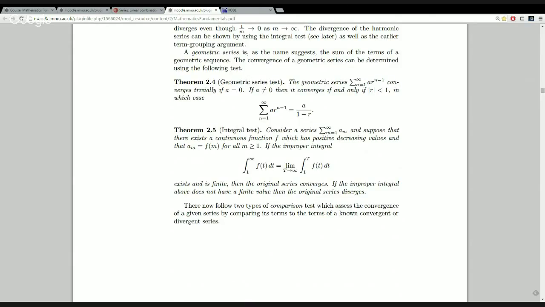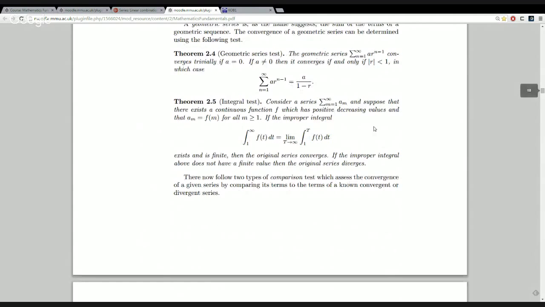It says which geometric series are convergent, which are divergent, and for the convergent ones, it tells you the value of the infinite sum. There's a simple formula for it, a over 1 minus r. We'll consider that in detail, probably not today, but probably tomorrow.